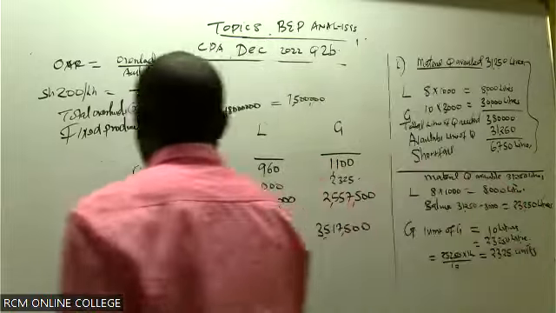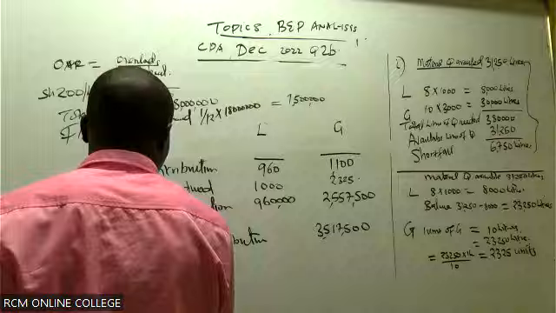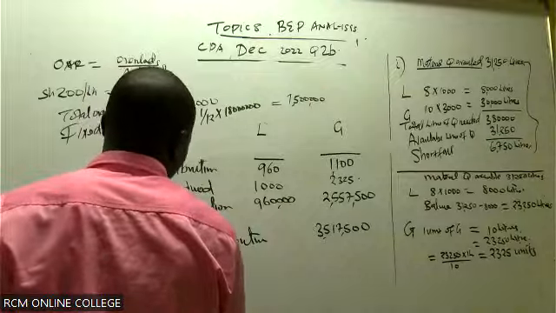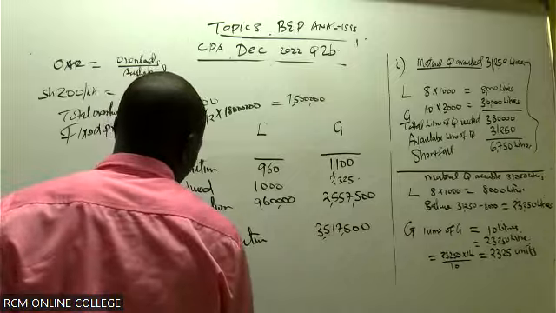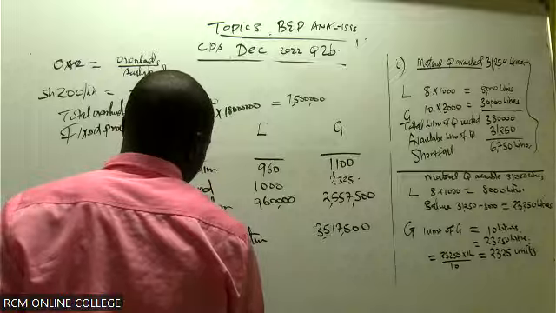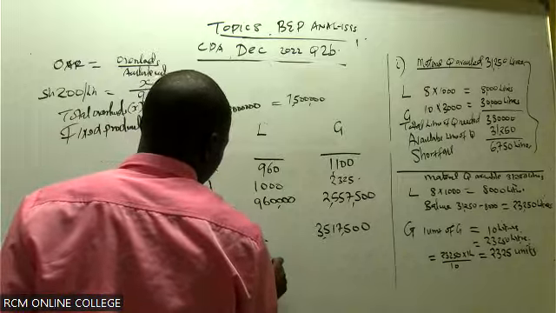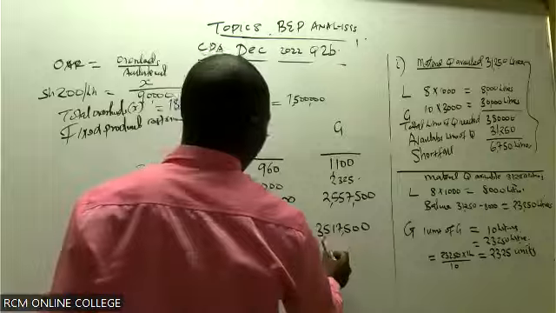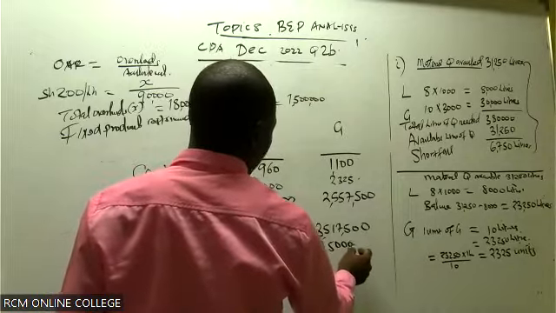Then we have less fixed production overheads. The fixed production overheads are 1,500,000.